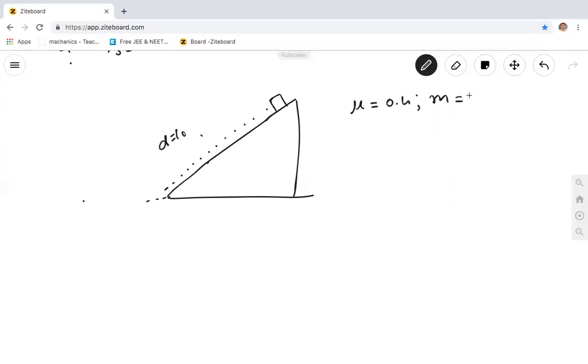M is 20. Anything else given? The angle is 30 degrees. Anything else? No. Okay, that's good. Now see again what he asks us.